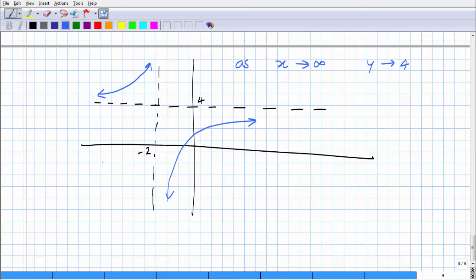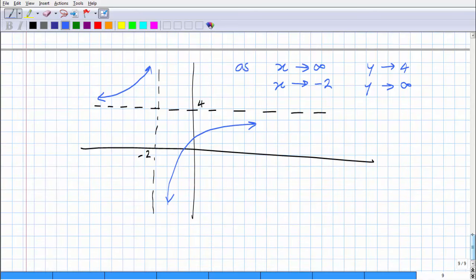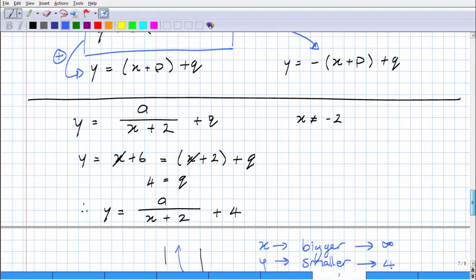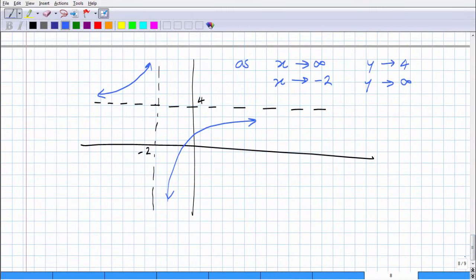And on the other side, as x tends to negative 2, because it's going towards the asymptote, y tends to infinity. So now we have an increasing function for all x. So that is the graph. So that's how we can draw this graph. We found our two asymptotes because they told us the asymptotes, and that's it. Not too difficult, provided you know your basics about hyperbolas. And that is question number 6.